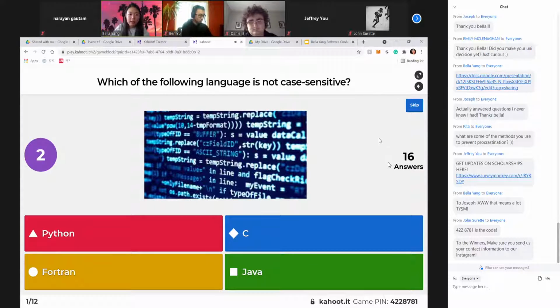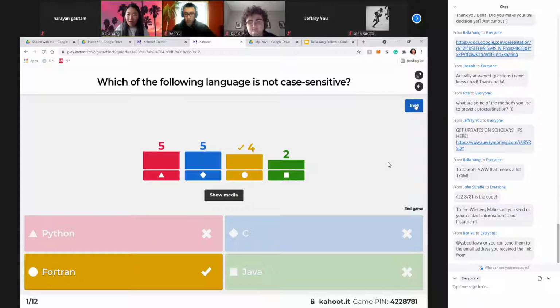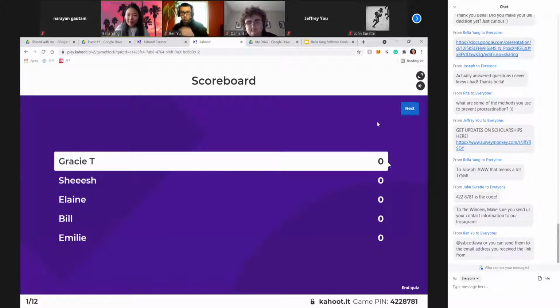Couple more seconds. So actually, Python, C, and Java are case sensitive. Correct me if I'm wrong though. Okay, now we have Gracie at first. Sheesh, second.